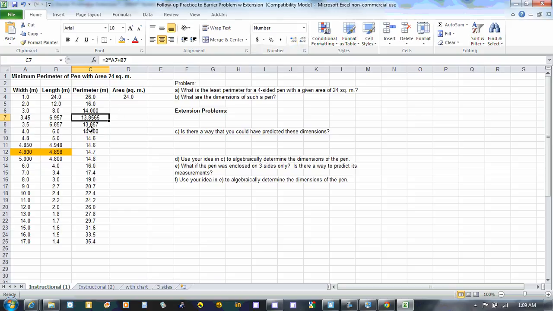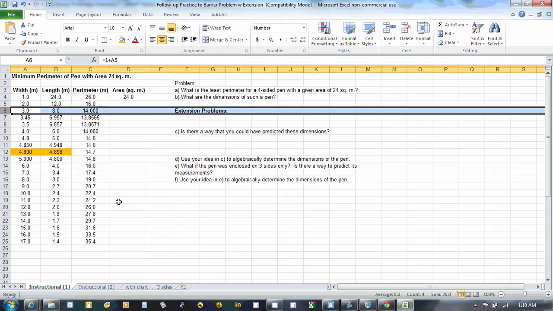Let's add a decimal place to that as well as this one. We'll compare, and by comparison you can see that this value is smaller. That is at 3.45 for the width. And note, by doubling that, we do get 6.9. And we could add one more row just to be more specific as to what the width and what the length will be.